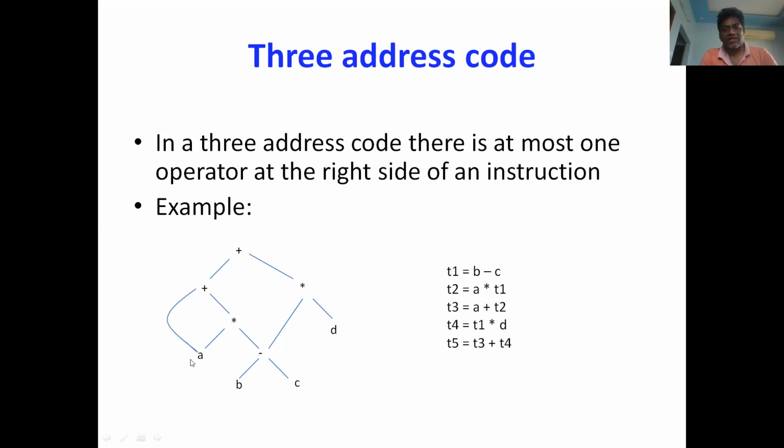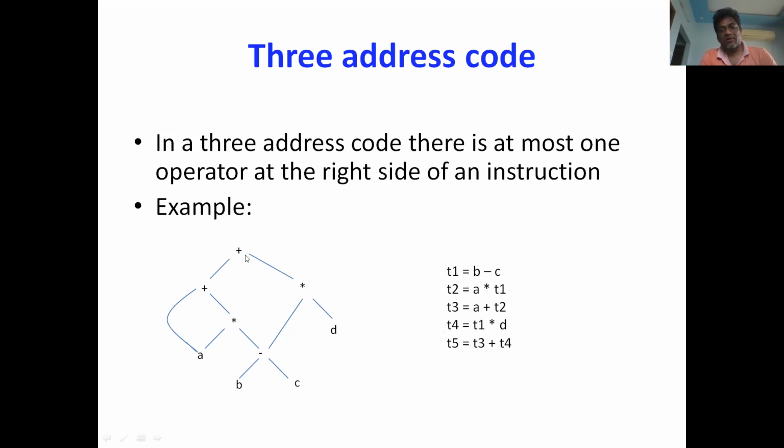And then the next expression that is going to be evaluated is a plus a into b minus c. So a into b minus c is already available in t2. Therefore, we take a plus t2 and we store it into another temporary variable t3. Okay. And then the next sub expression that is going to be evaluated is b minus c into d. b minus c is already available in t1, therefore t1 into d is copied into t4.